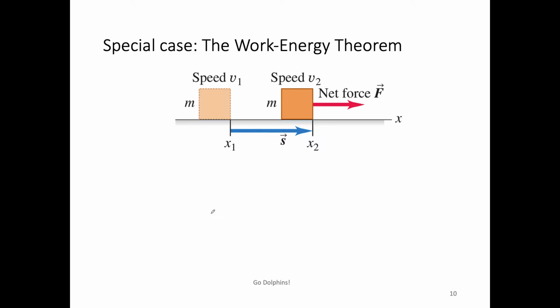You have an object with mass m. The net force on it is F, and it's constant, doesn't change. Its initial velocity is v1, final velocity is v2. The displacement is s. Now, if we know the net force, Newton's second law tells us it is going to do constant acceleration motion with acceleration F over m.